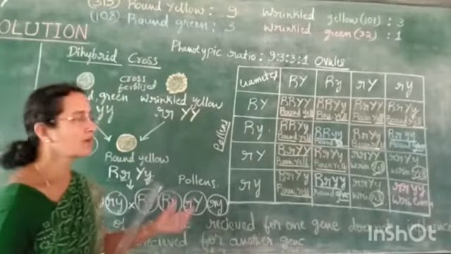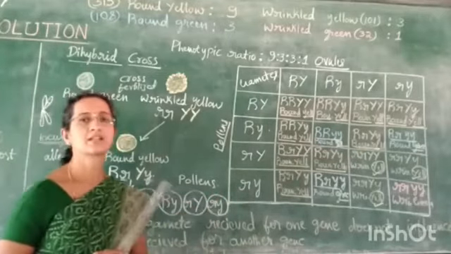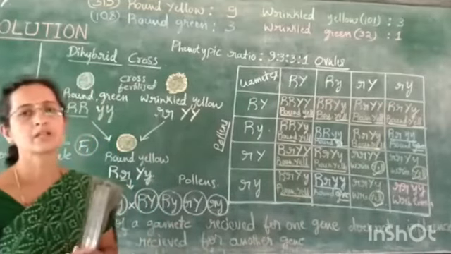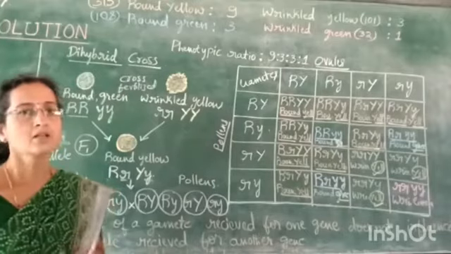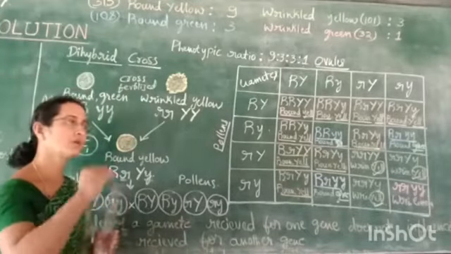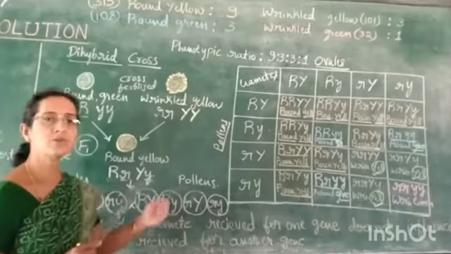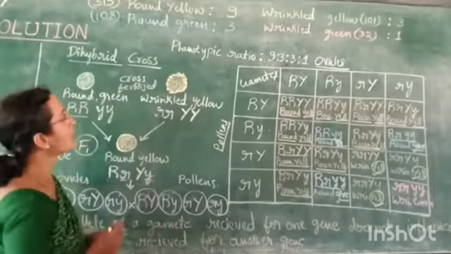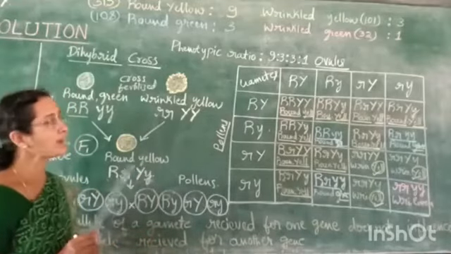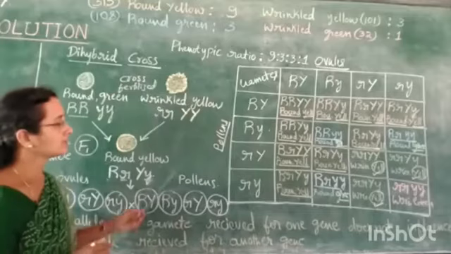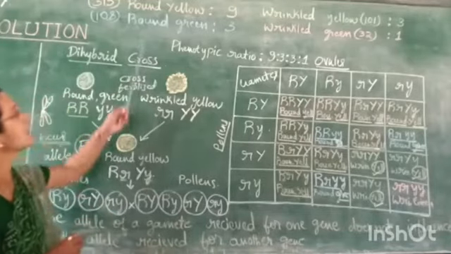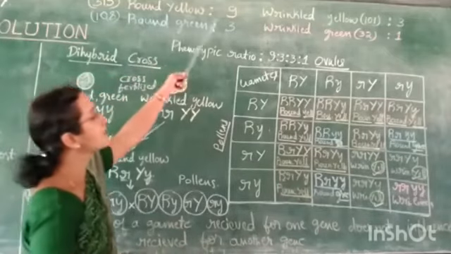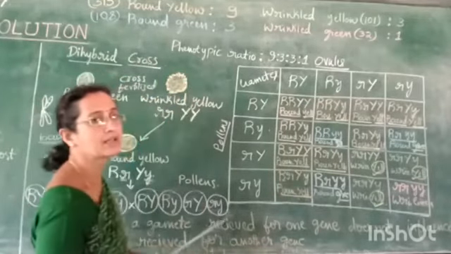So when he got the seeds of this F2 generation, he collected them and sowed them in the next season. When the plants grew up, he observed the nature of those plants. Among the plants obtained by self-pollination, he obtained round and yellow colored plants, which were in the 9 ratio.